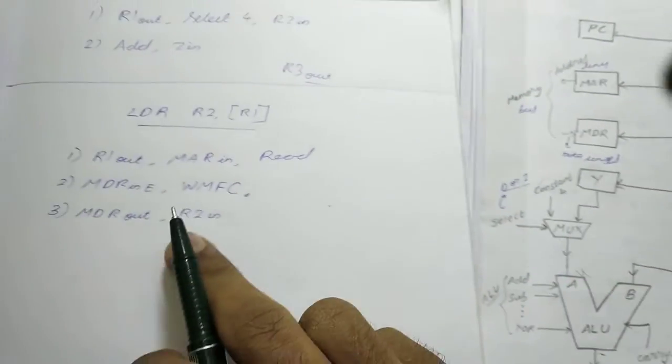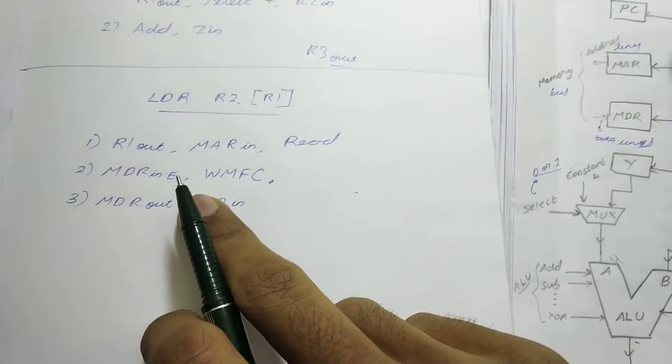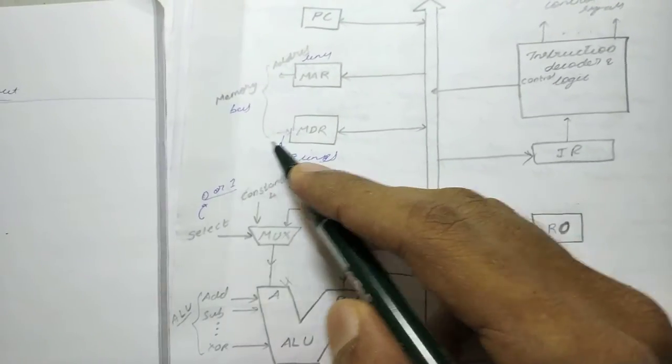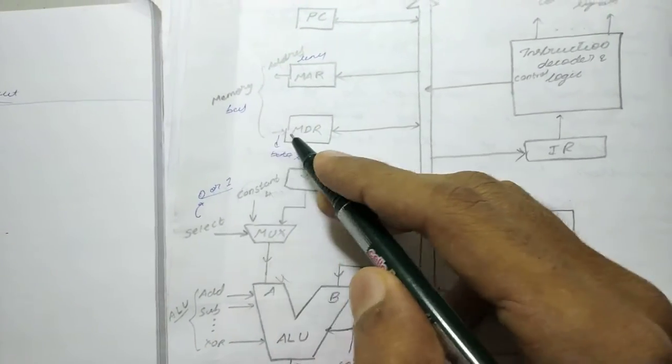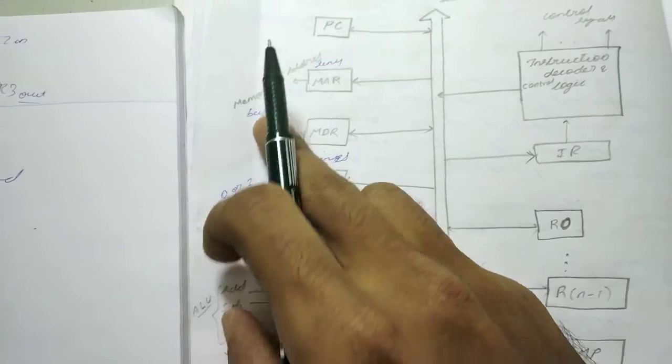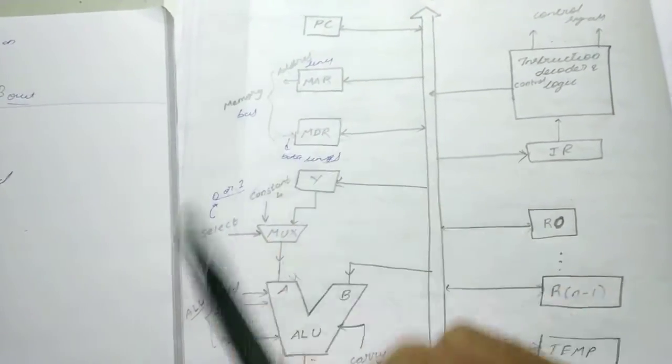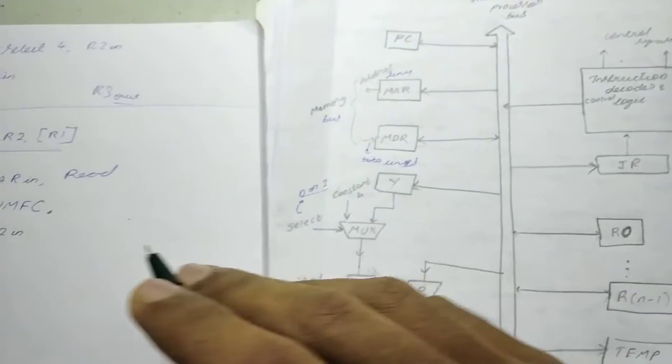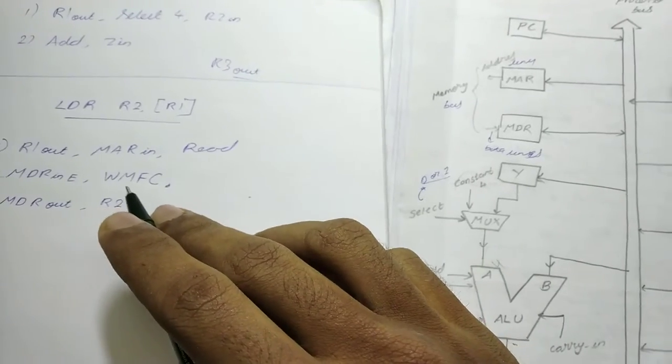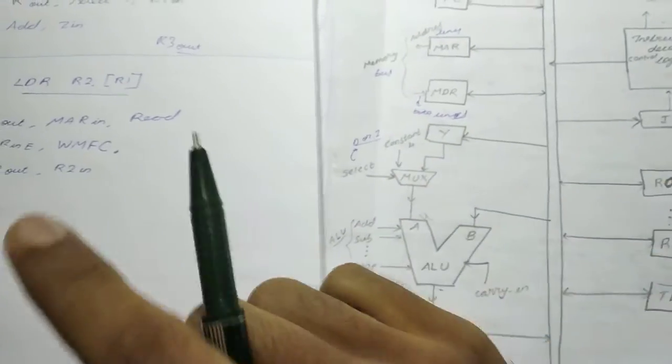So that's why in the next clock cycle we do MDR in E. That means MDR from external, MDR in E. So this is enabled, and from the memory bus it can load the data into the MDR. And then there is wait for memory function complete, WMFC.